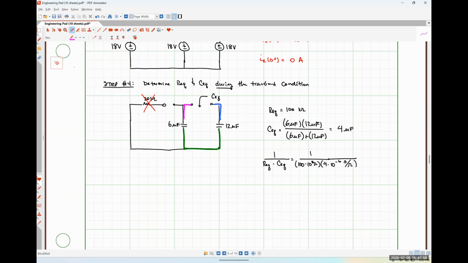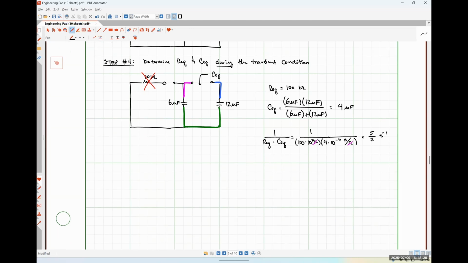So we can see that this ohm and this ohm cancel each other out. And I'm going to throw this into my calculator really quickly. 1 over, let's see, 100 times 10 to the 3 times 4 times 10 to the minus 6 winds up giving me 5 halves per second.